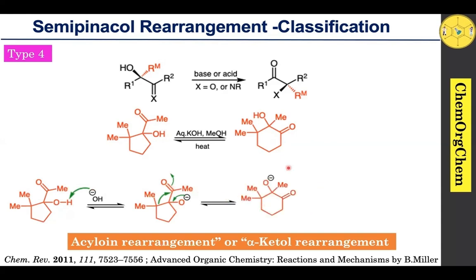So resulting in the generation of this alkoxide ion intermediate, followed by abstraction of a proton from a water molecule that generates the corresponding alpha hydroxy ketone as a product. Importantly, this particular rearrangement is a reversible reaction, resulting in the more stable alpha hydroxy ketone being isolated.